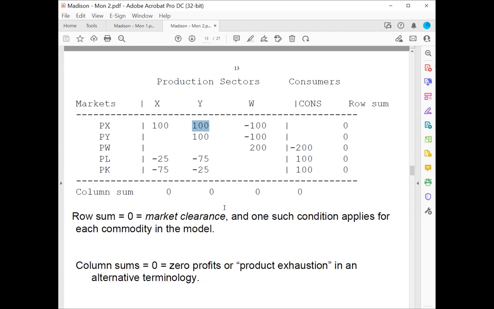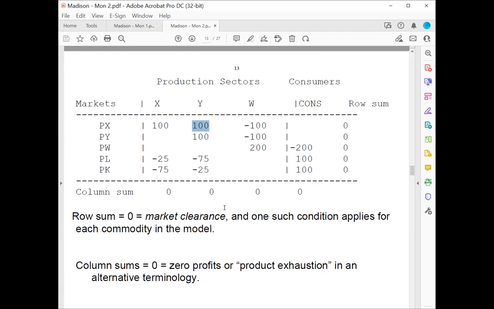All of revenue is paid out to capital and labor. So a 0 column sum is product exhaustion. For W, again, thinking like it's a produced good, the W sector buys goods X and Y, and produces an output of utility or welfare. And then the consumer column is income balance, that the income received from selling labor and capital is used to buy utility.